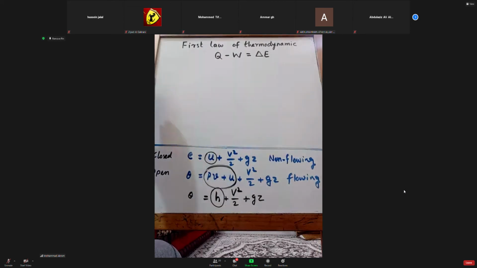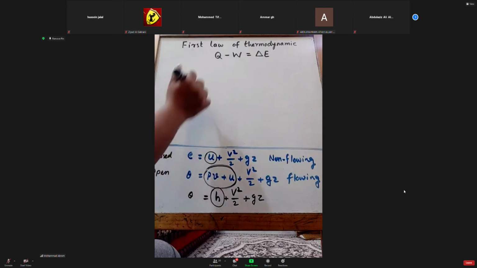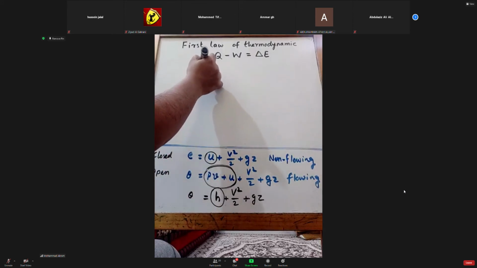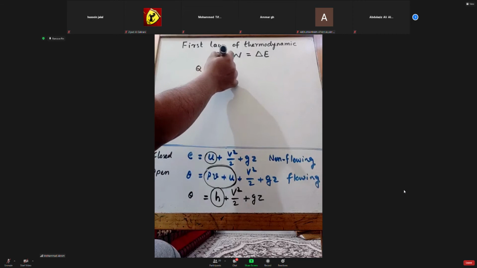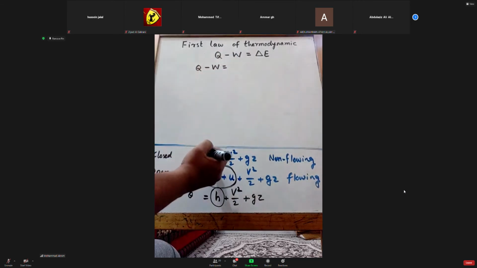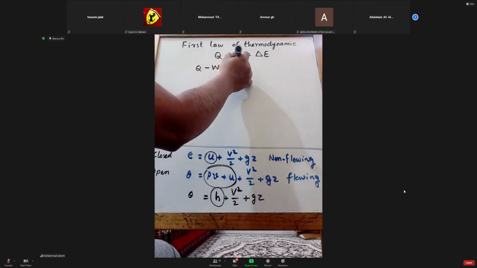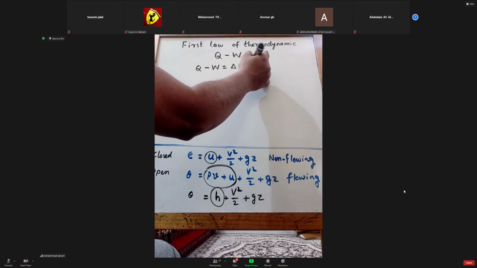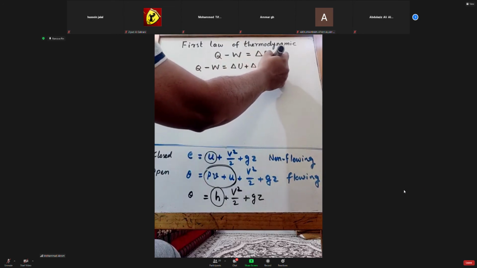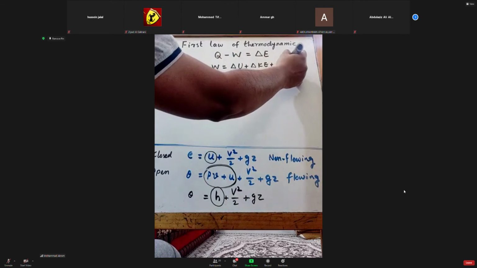So if I apply this to a closed system, then it will become Q minus W is equal to delta U plus delta KE plus delta PE.